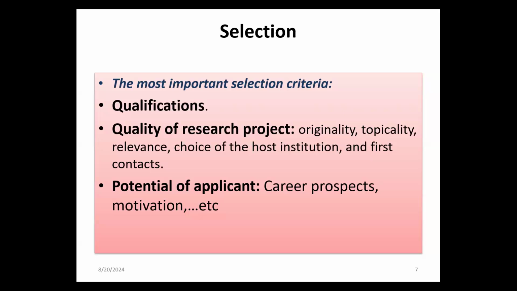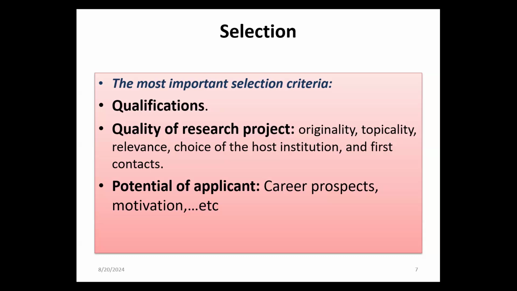So the selection criteria depends on your qualifications for sure, and the quality of research project in terms of originality, topicality, relevance, and the choice of the host institute and first contact. And the third criteria depends on your career prospect, the motivation, and so on.